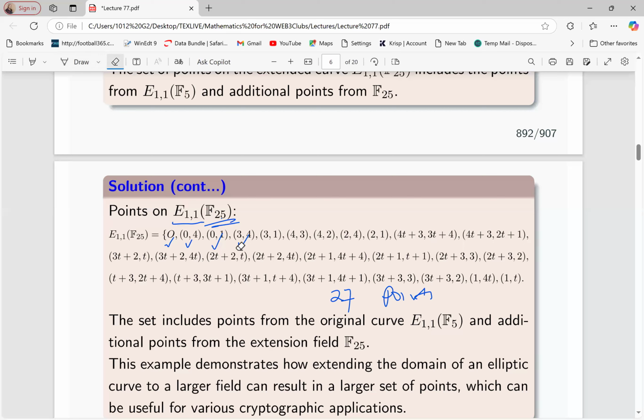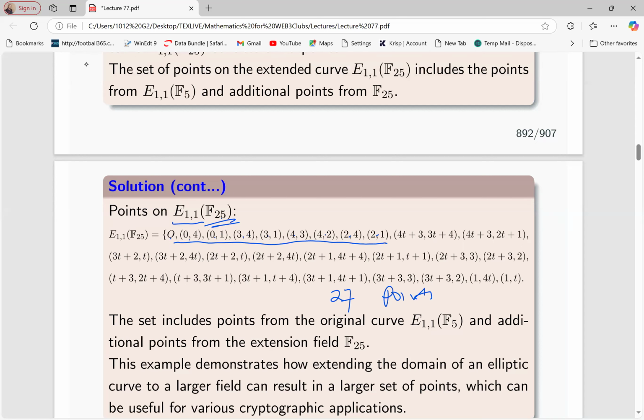Let's just count. 1, 2, 3, 4, 5, 6, 7, 8, 9. So the first 9 points are the points on the elliptic curve under the original field F5. Then these are now the new points that we've added.